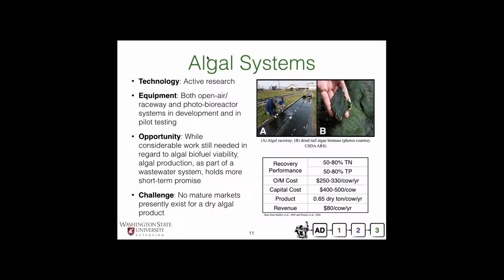And we can see that growing algae on the effluent shows 50 to 80% both total nitrogen and total phosphorus recovery. But our challenge is, how do we improve the efficiency? How do we improve the yield? How do we find a market that's really going to drive the revenue and drive the O&M costs down?